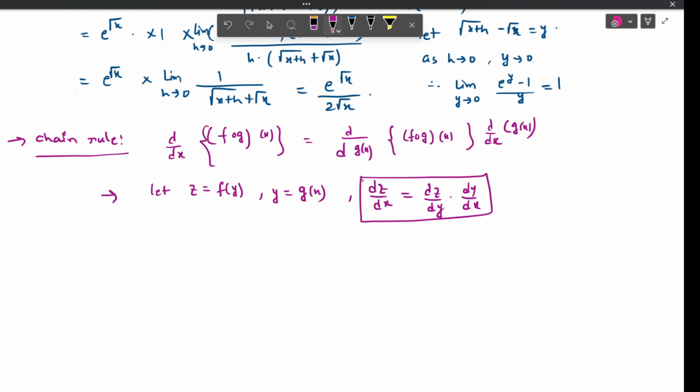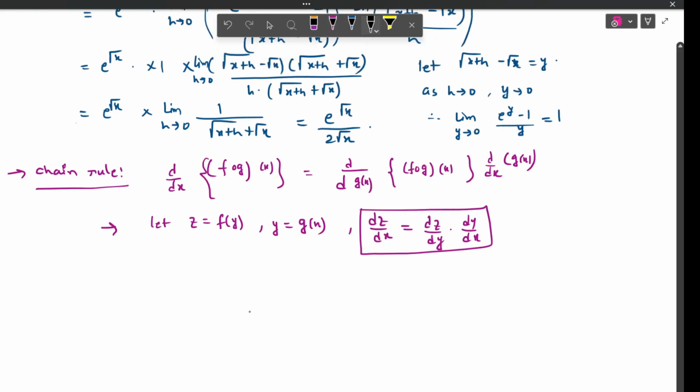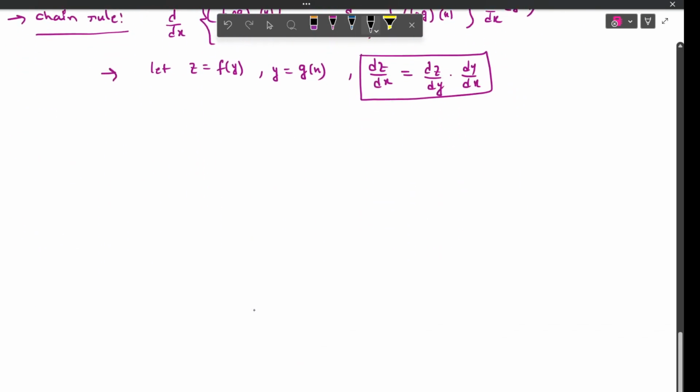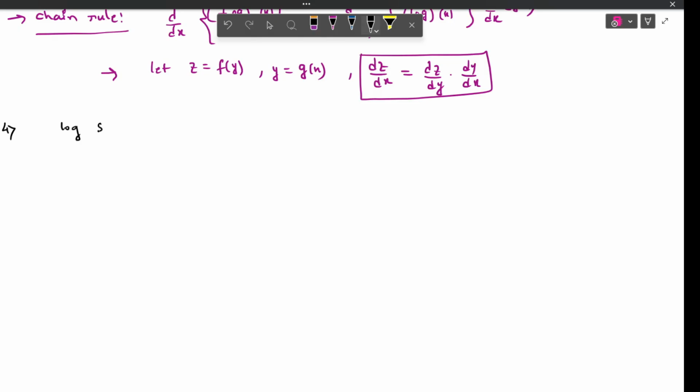Now let's see some questions. This is our question number 4. Now we have to find out the differentiation of log of sine of x. We have to find out this differentiation. So how to solve this?